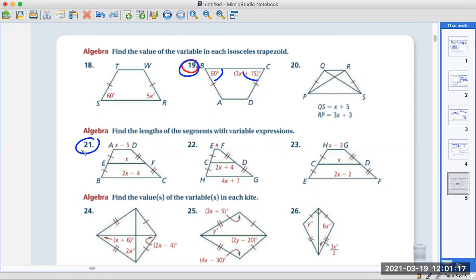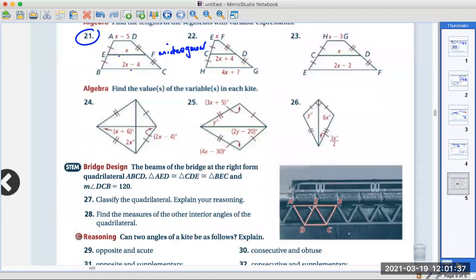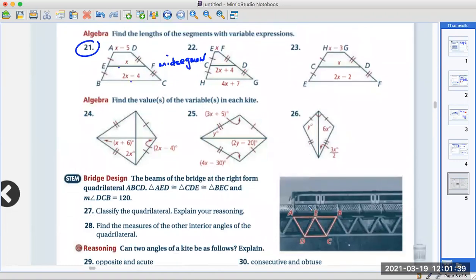This right here is your midsegment. Midsegment. Look up the formula again. The sum of the bases divided by 2 gives you the midsegment. So there's a lot of equations, so you have a little room. You might want to find some spot where you can work these out.